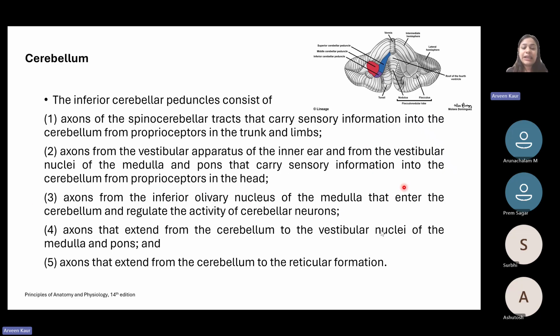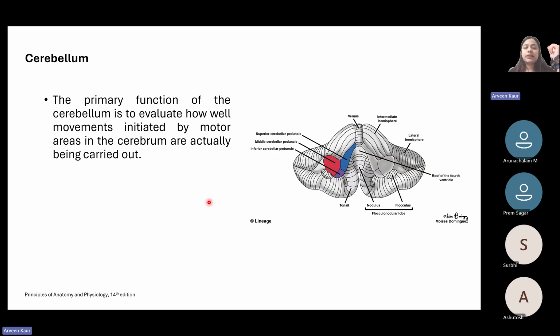The axons from the inferior olivary nucleus of the medulla enter the cerebellum and regulate the activity of the cerebellar neurons, as well as the axons that extend from the cerebellum to the vestibular nuclei of the medulla and pons, and the axons that extend from the cerebellum to the reticular formation as well, right? So these are the various peduncles of the cerebellum.